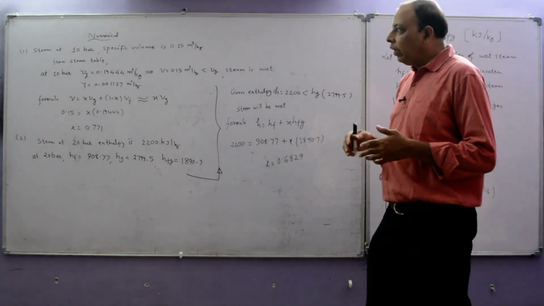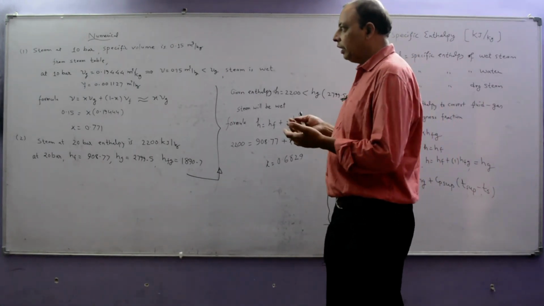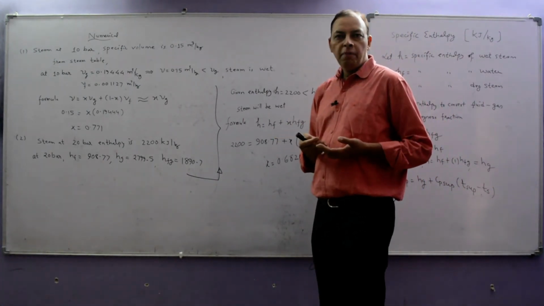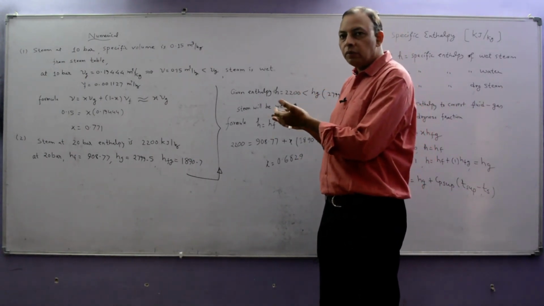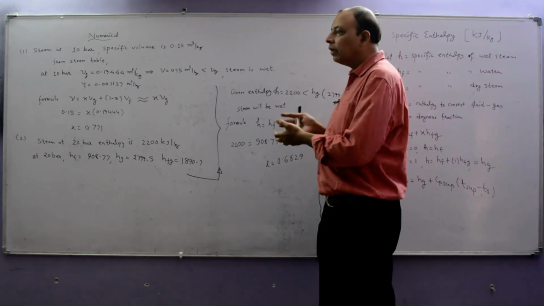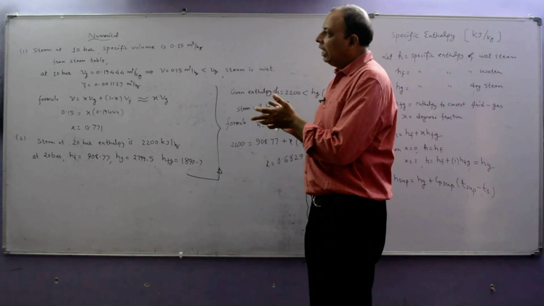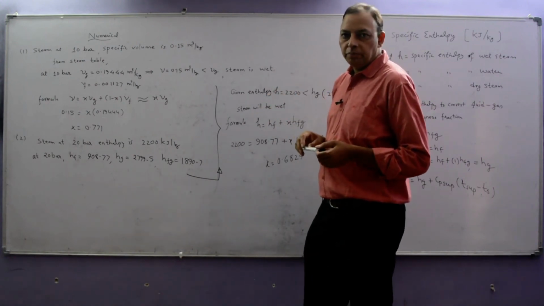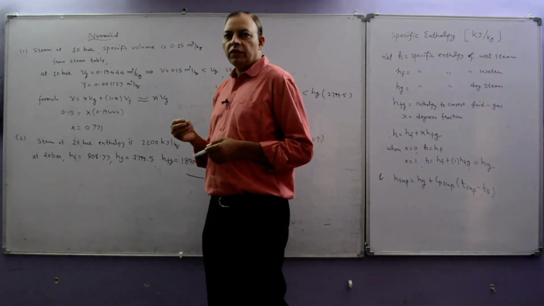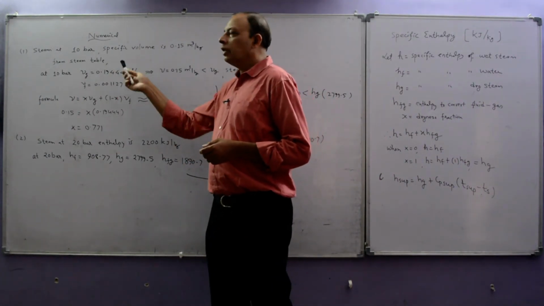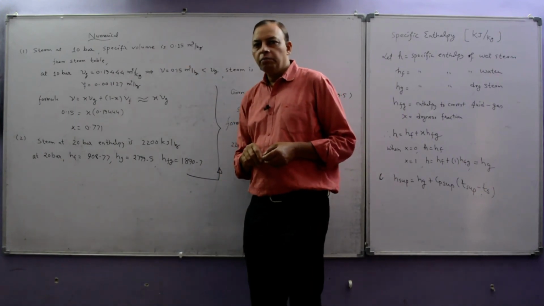So how to apply the formula of specific volume and specific enthalpy? How to identify and apply the concept of properties of steam in different parts of thermal engineering. I have two examples. First numerical: it is given that steam is available at 10 bar and its specific volume is 0.15 cubic meter per kg.